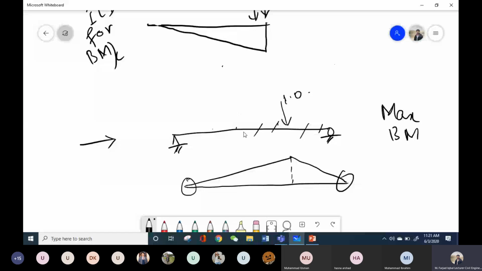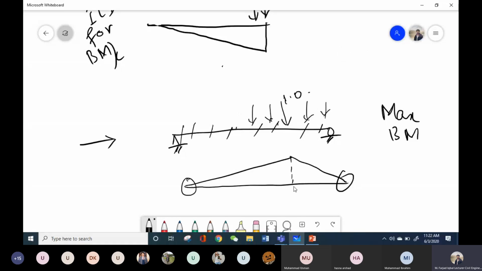Let's say I divide the beam into 10 points. I will place the unit load at the 10 points separately, get the values of moment, and then select the maximum value of bending moment. But this procedure will take a lot of time.